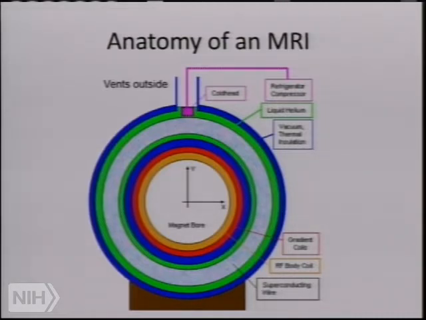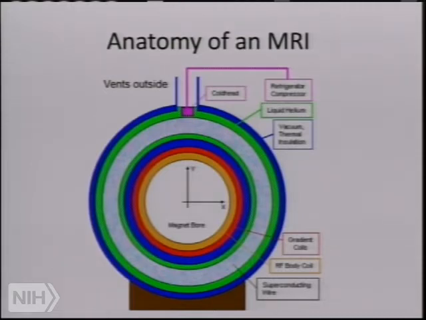Here's the cross-section of an MRI. First of all, you have the space where the patient sits in the bore of the magnet. And then around that, you have various coils, gradient coils and radio frequency coils that deliver the energy. But how do you generate that strong magnetic field? And we're talking 3,000 times the Earth's magnetic field, very, very strong.